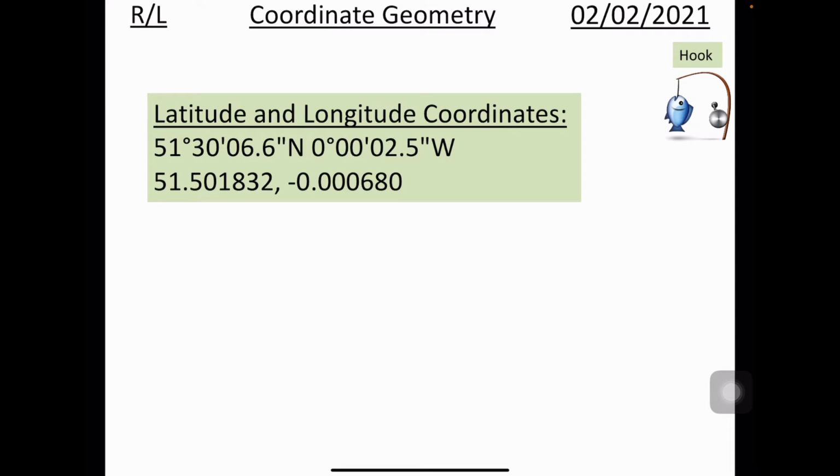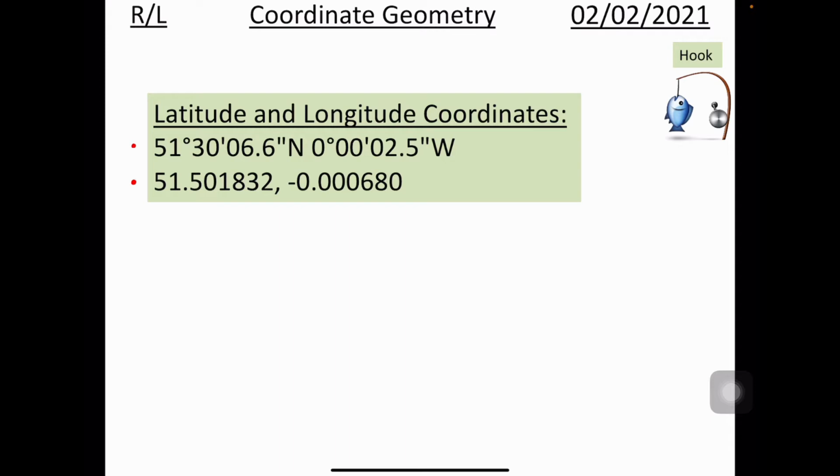For example, these two coordinates, whilst they are in a different form, will take you to the same place. Try Googling either of these, or maybe even both of them, and see what comes up. I am sure that Google took you to a particular part of London, which is where I was when I saved my location.